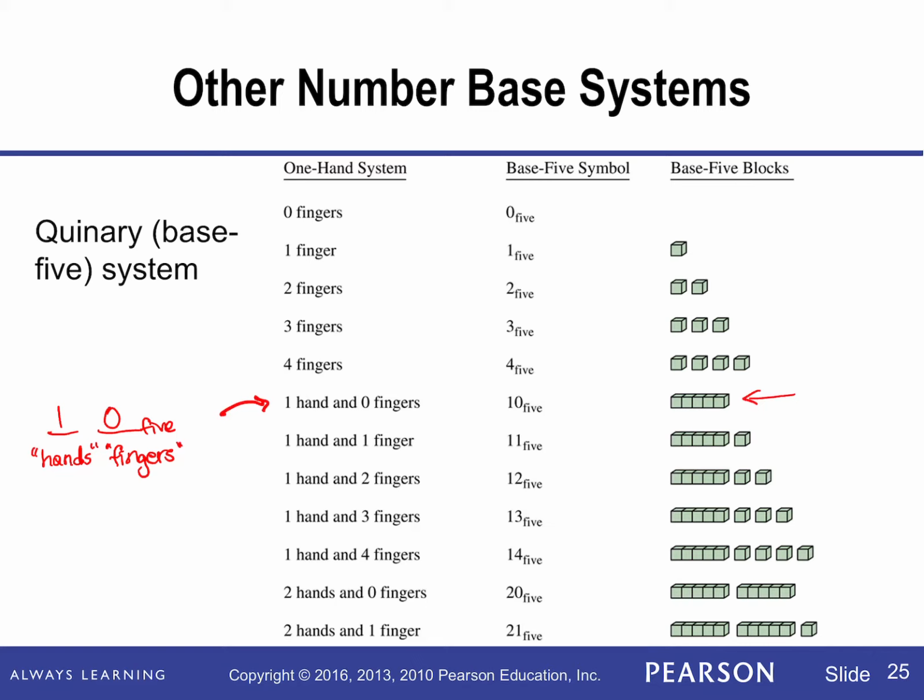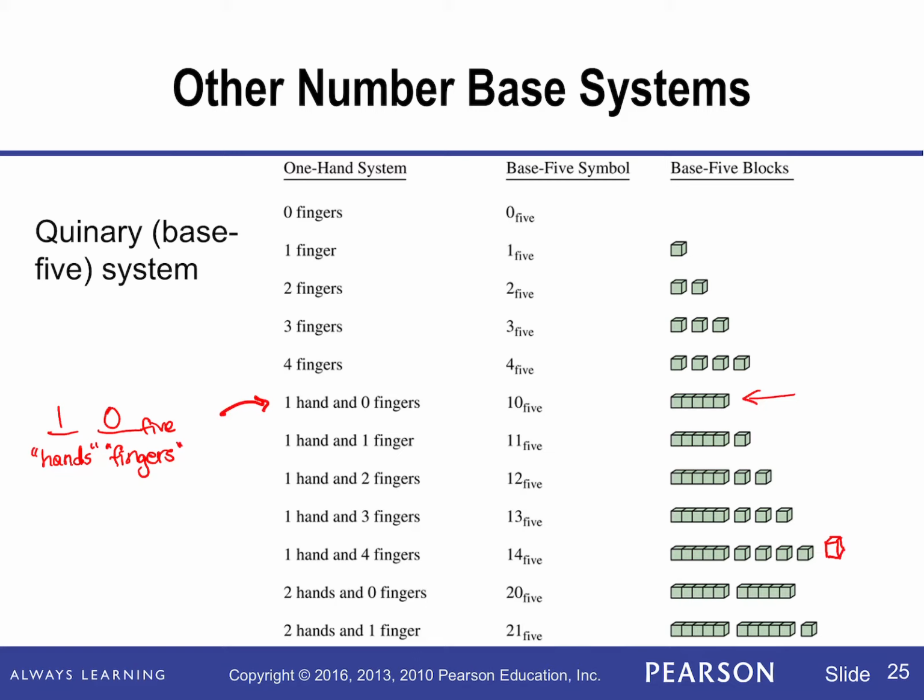And we can continue counting. So if I add another 1 to what I had before, now I have one hand and one finger, that's going to be 1, 1, base 5. And that's one long and one unit, base 5. You can see what happens with 1, 2, 1, 3, 1, 4. Now what happens when I add another unit here at 1, 4, I've got another block, or I've added another finger if we're thinking about the hands.